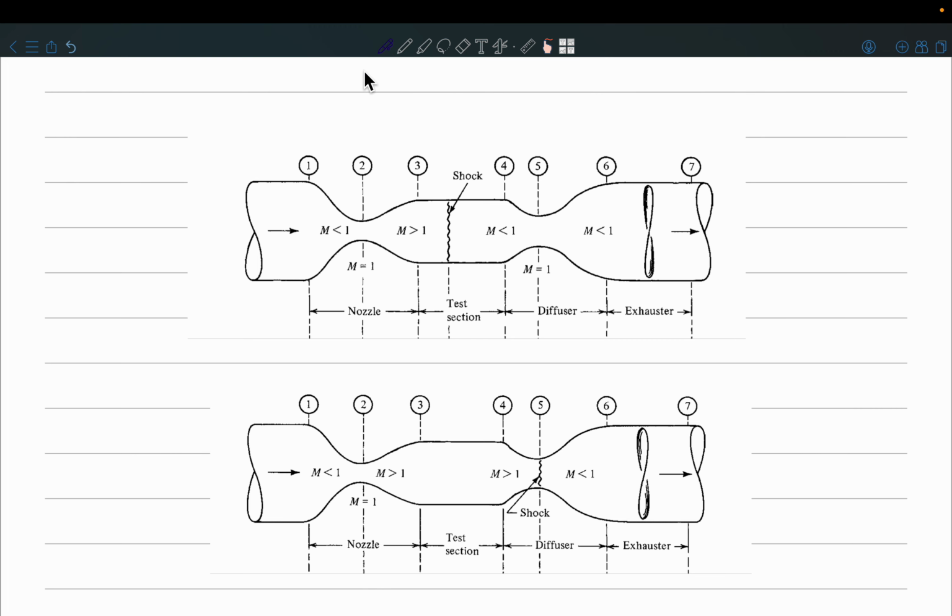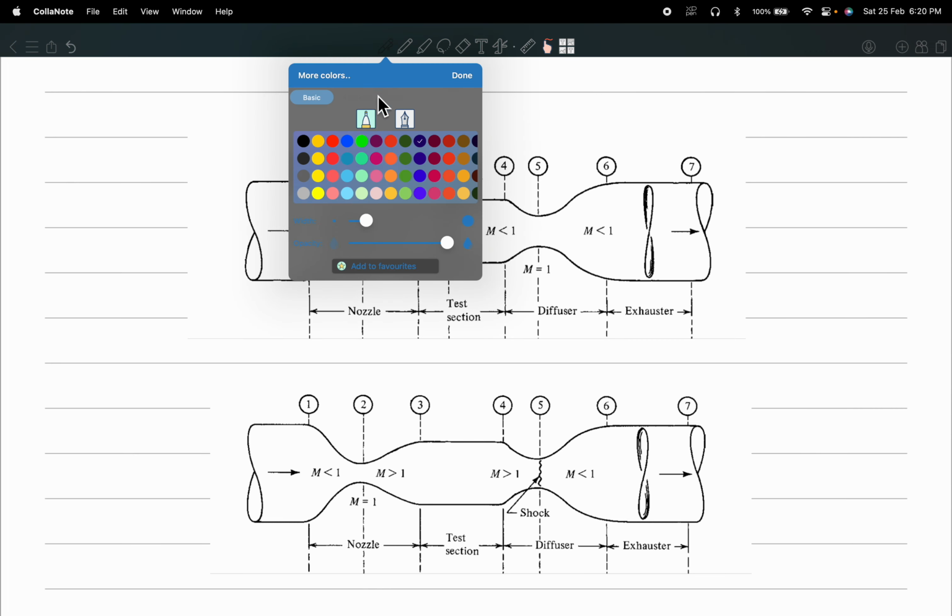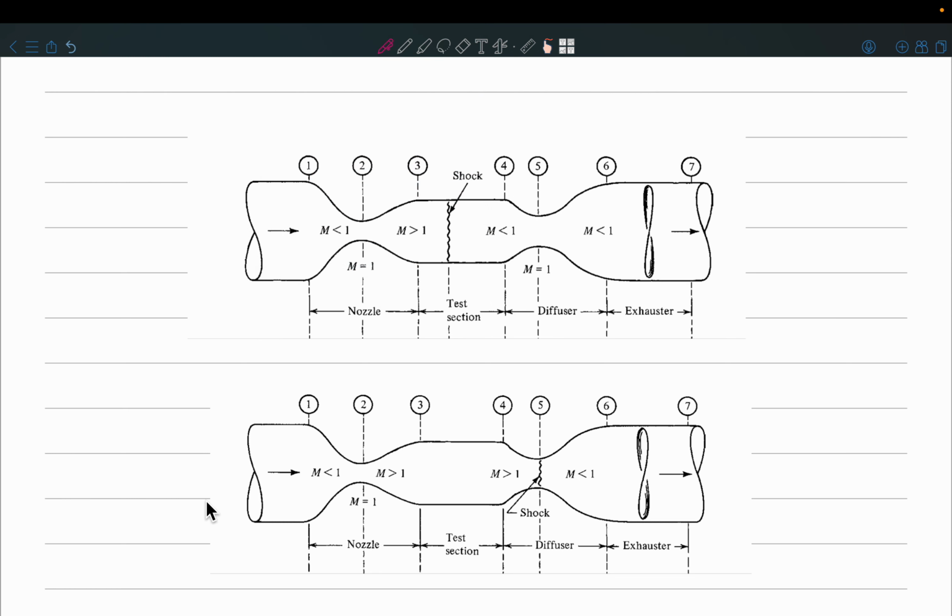So you are saying this is the starting condition and this is the operating condition, where I put maybe a wing or airfoil over here and check what happens when supersonic flow goes over it. I don't want a shock in the test section when I am operating. So this is the operating condition, the ideal situation that we want.